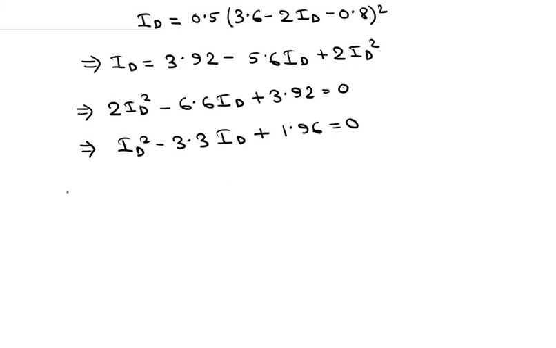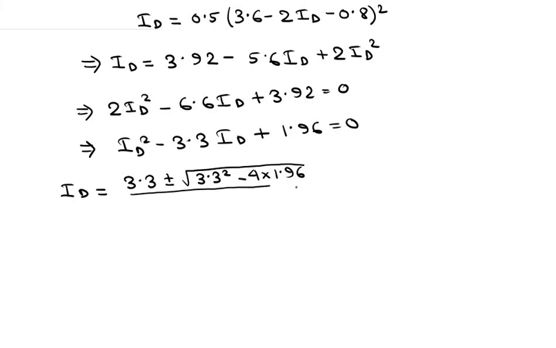We can solve this equation by the well-known formula. ID is equal to 3.3 plus minus root over 3.3 square minus 4 into 1.96, divided by 2. So we have two solutions because of this plus minus sign.